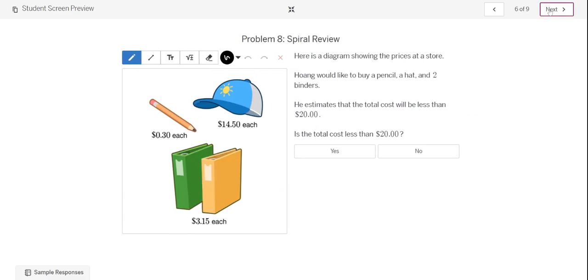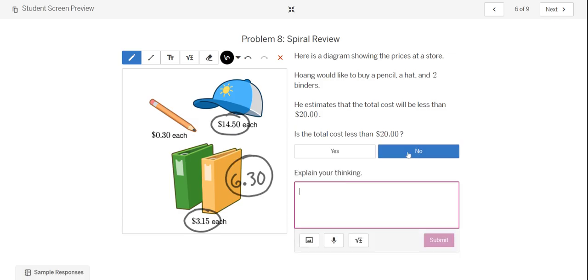Here we go. Here's a diagram showing prices at a store. Hong would like to buy a pencil, a hat, and 2 binders. He estimates the total cost would be less than 20 bucks. So if I've got 2 of those at $3.15 each, I'm going to spend $6.30. Well, right away, $14 plus $6 is more than 20. I don't even need to do the full math.